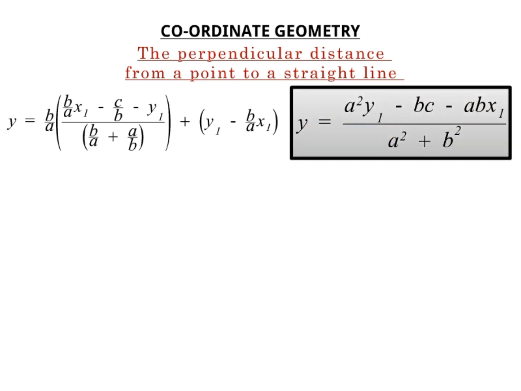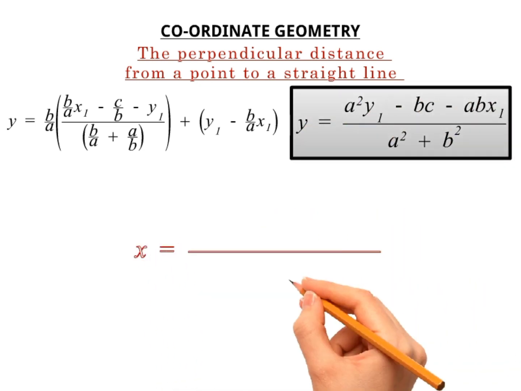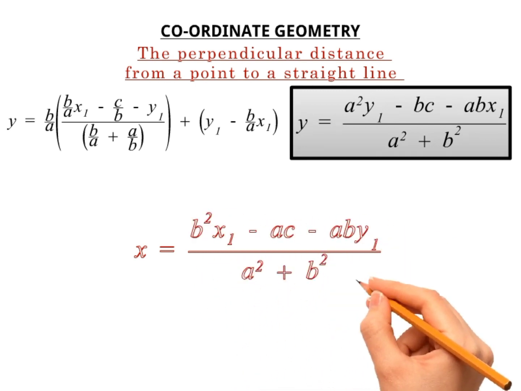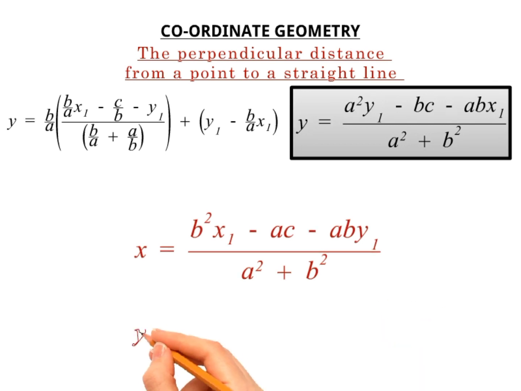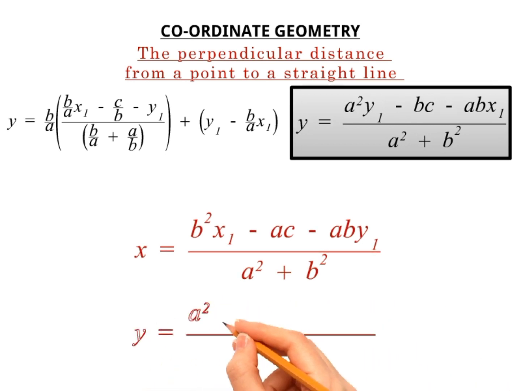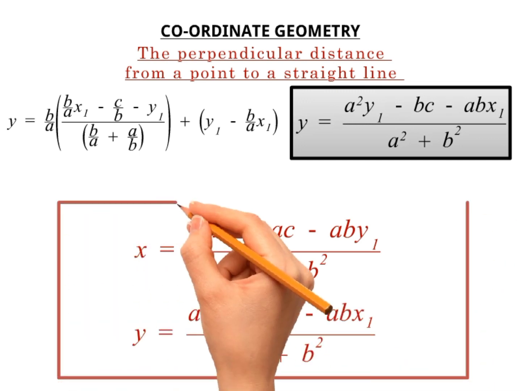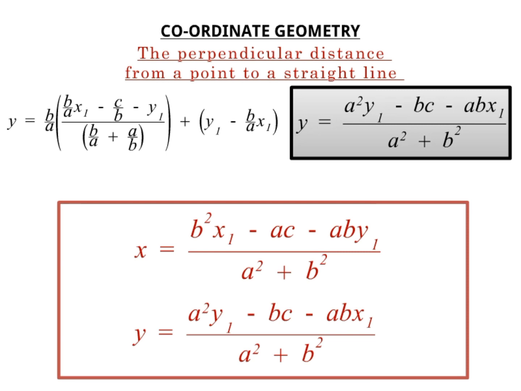Let's bring these expressions together. x equals b square x1 minus ac minus ab y1, over a square plus b square. Also, y equals a square y1 minus bc minus ab x1, over a square plus b square. This is the point of intersection of the two lines.